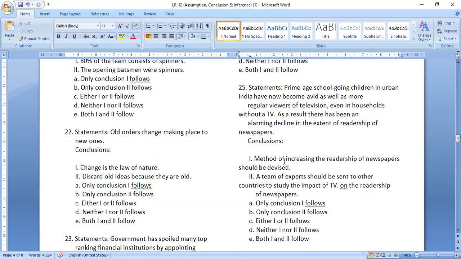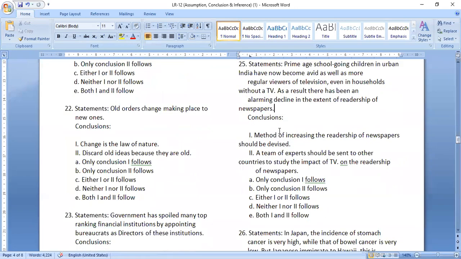Therefore, method of increasing the readership of newspapers should be devised. Does that make sense? Yes, sir. Or if you read the statement and said, therefore, a team of experts should be sent to other countries to study the impact of TV on the readership of newspapers. Does that make sense too?